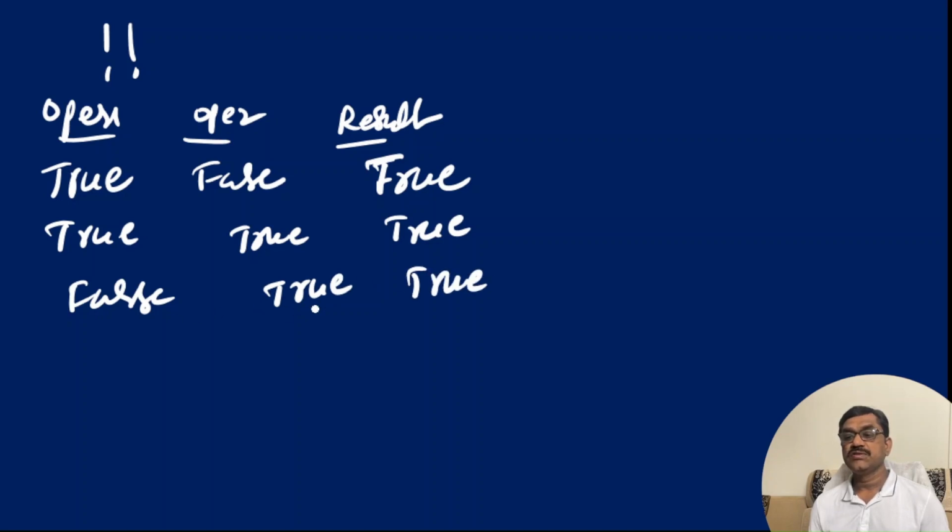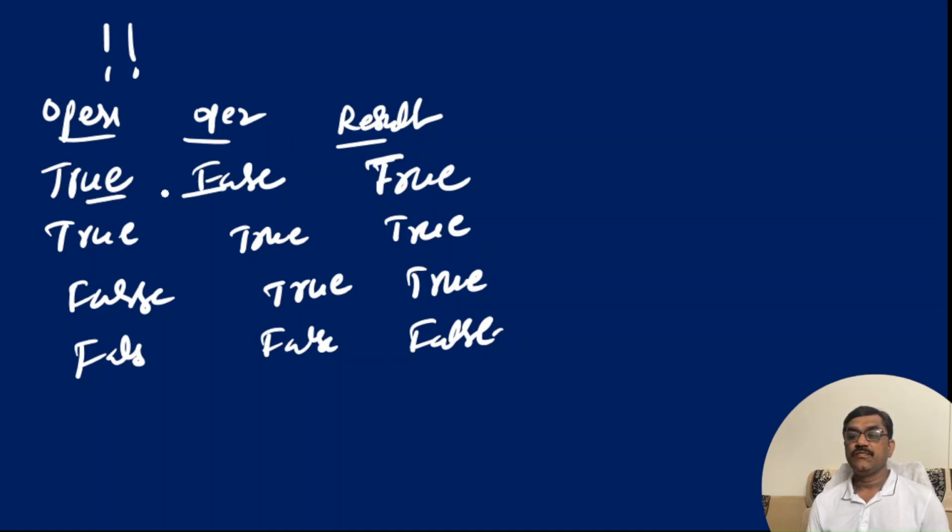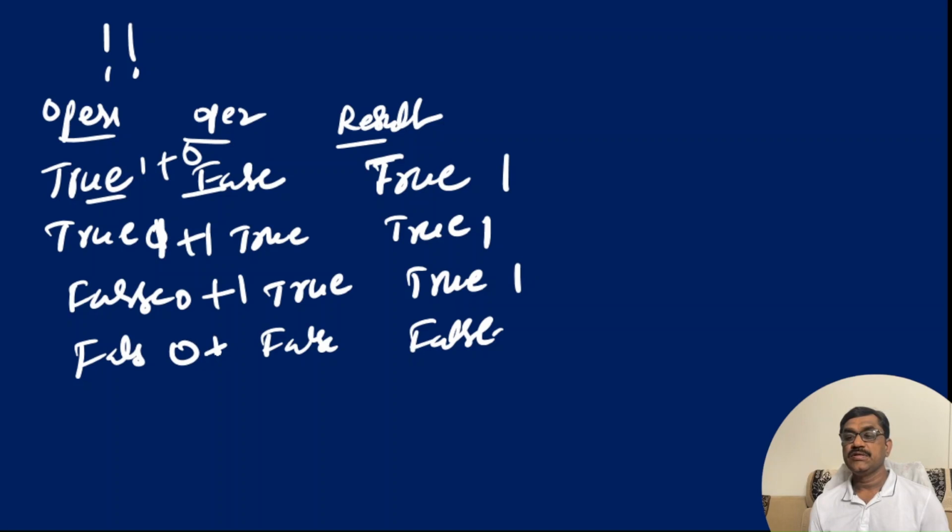If any one of the conditions is true, the result is true. Next, false, false, the result is false. You can say that logical AND is nothing but product. Logical OR is nothing but simply the plus operator. Now, true plus false means 1 plus 0, that is 1. 1 plus 1, again 1. 0 plus 1 is 1. 0 plus 0, the result is 0. So this is the logical OR operator.